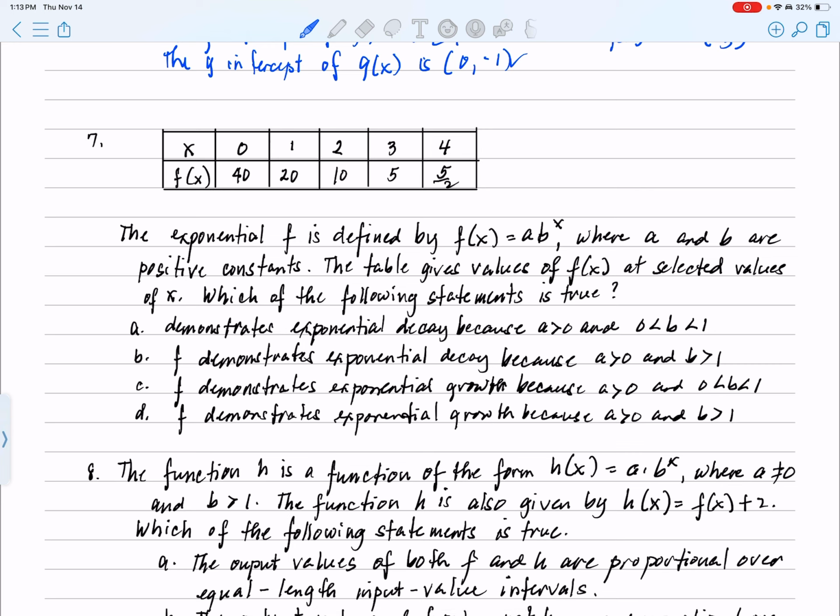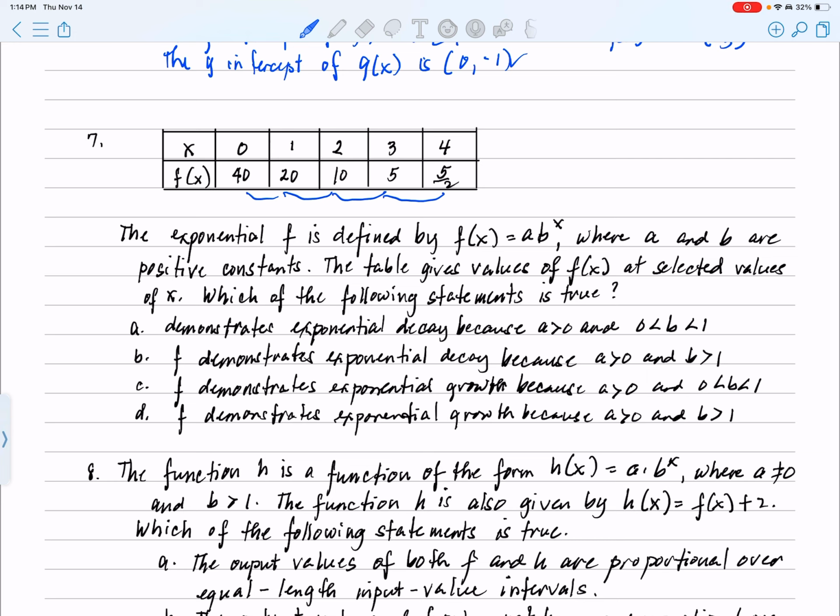If we look at our output, 40 to 20, 20 to 10, 10 to 5, 5 over 2. So 40 divided by 2 is 20, 20 divided by 2 is 10, 10 divided by 2 is 5, and 5 divided by 2 is 5 over 2. So it's not growth because it's decreasing.